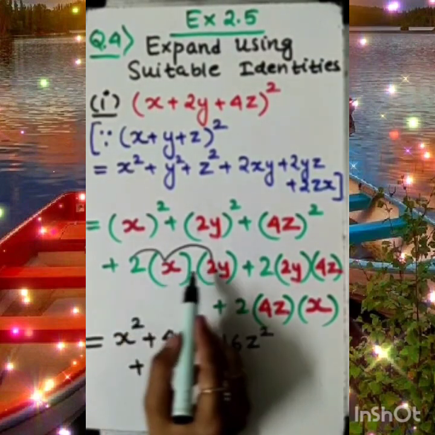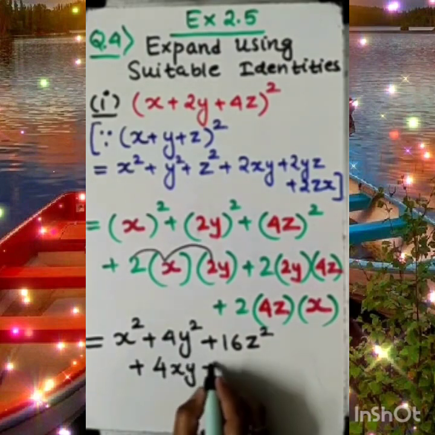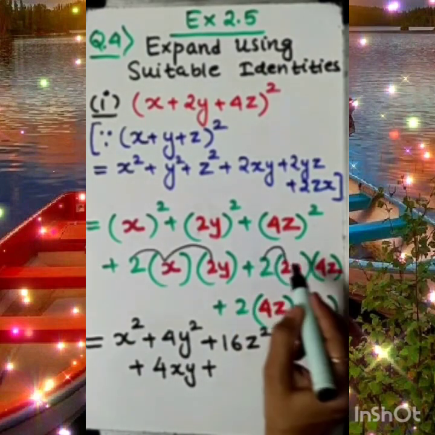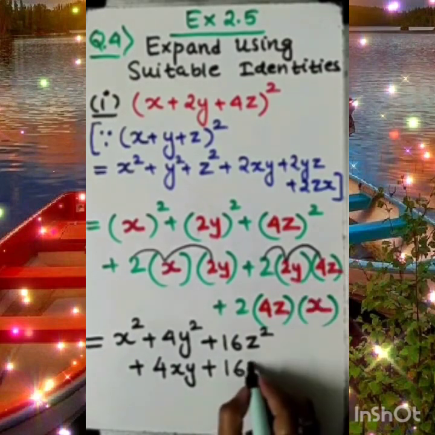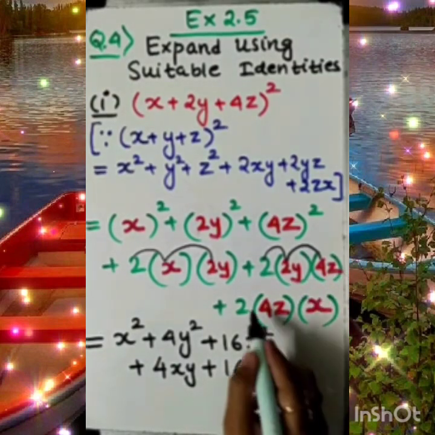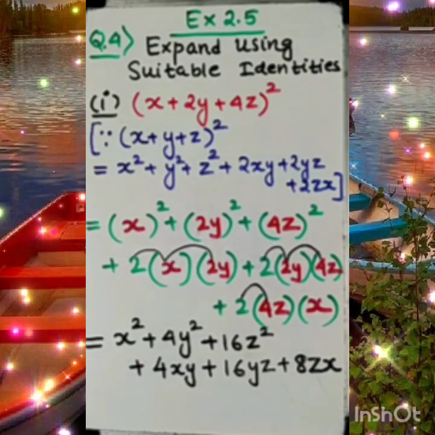So dear student, 2 2s are 4xy, plus 2 4s are 8, 8 4s are 32... as written: 2 2s are 4, 4xy, plus 2 2s are 4, 4 4s are 16yz. Fine. Plus 2 4s are 8, 8zx. Fine. So dear student, the answer is in 6 terms.